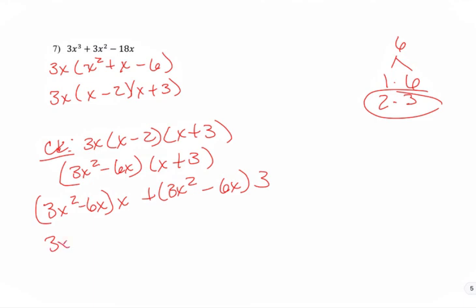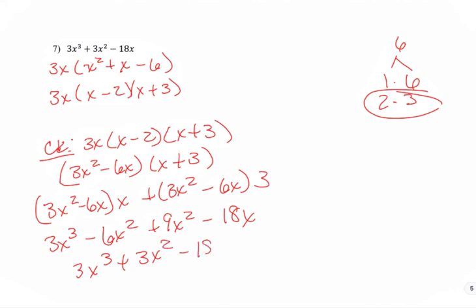So we have 3x cubed minus 6x squared plus 9x squared minus 18x, which gives us 3x cubed plus 3x squared minus 18x. And it all checks out.